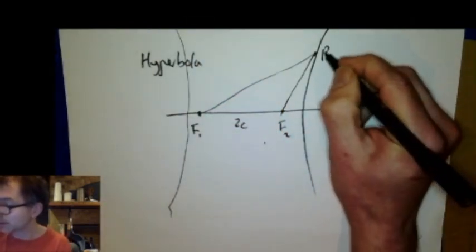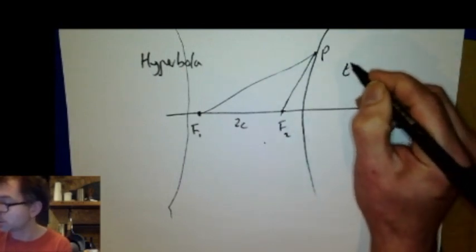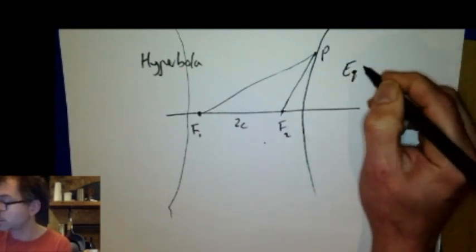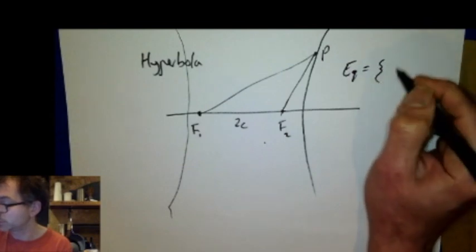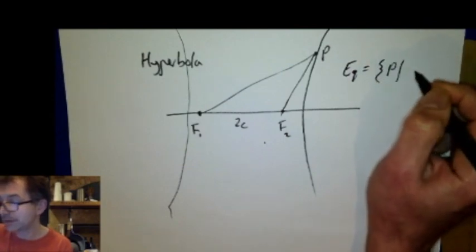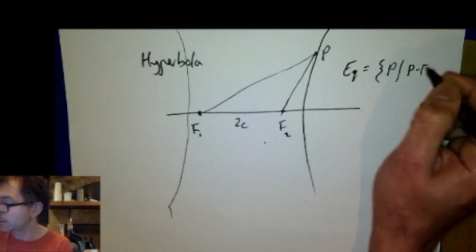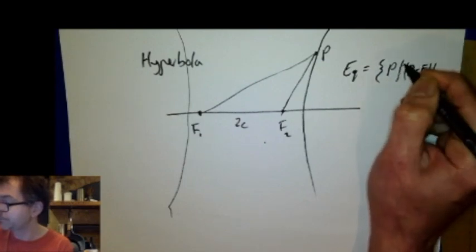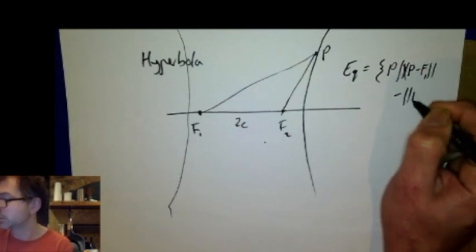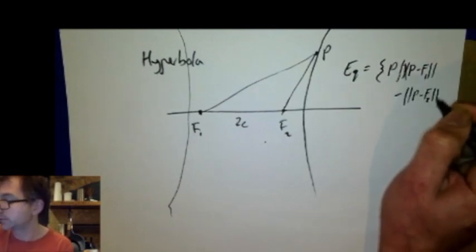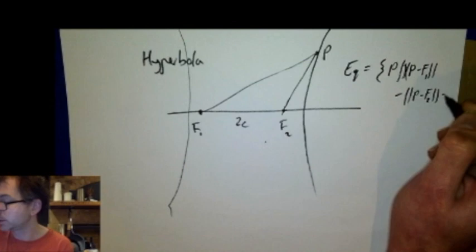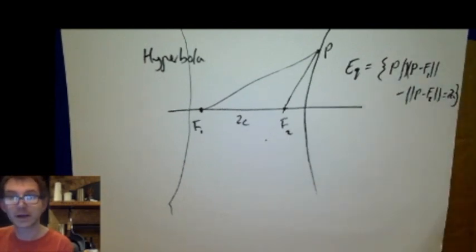So that's P. The equation here of the hyperbola is equal to this. It's the set of P such that the distance from P to F1 minus the distance from P to F2 is equal to some constant number 2a.